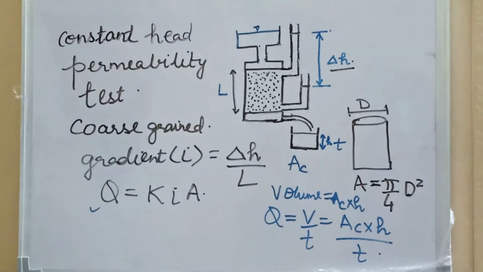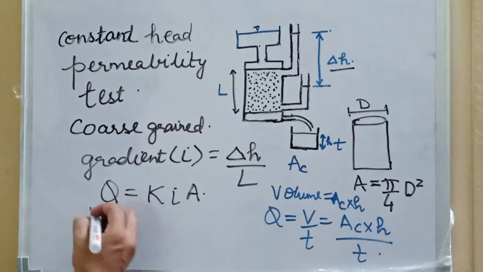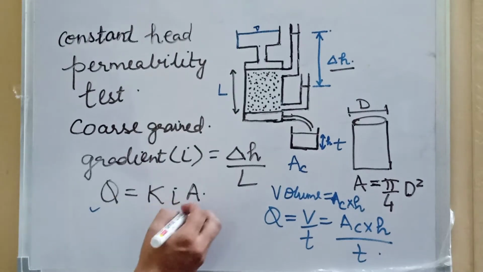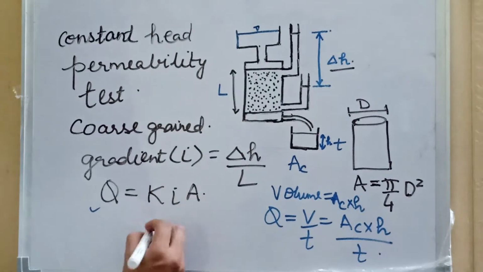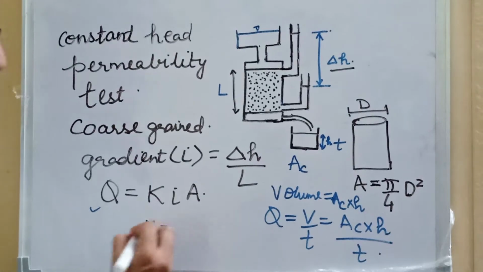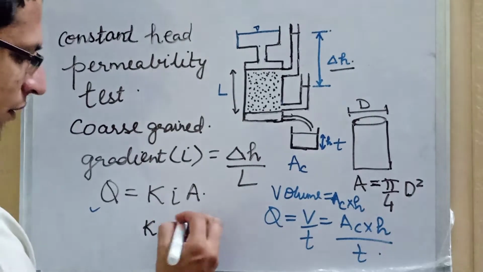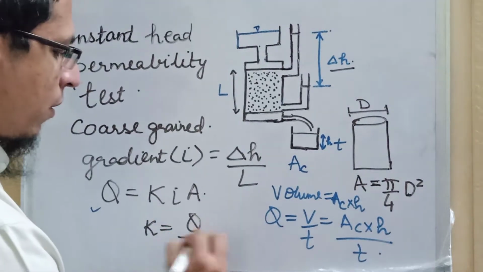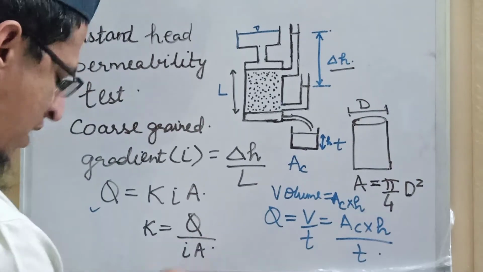In this way we can measure the discharge that is coming out of this permeability test apparatus. So now we know Q, I and A, so we can determine the permeability. So K can be determined as Q upon I into A.